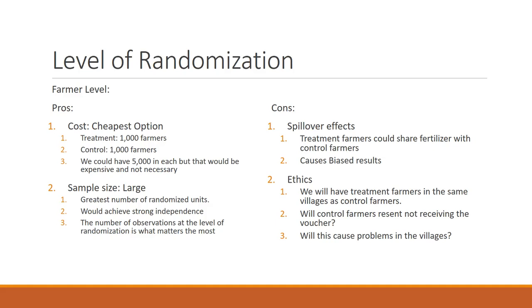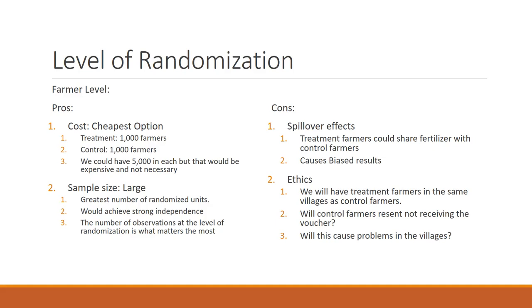We can easily imagine that somehow the farmer that has the treatment is going to be able to help the farmer that doesn't. Maybe the treatment farmer shares some fertilizer with the farmer that doesn't. Or maybe the farmer that has the fertilizer makes more money and shares some of their money with the control farmers. This would cause biased results. Even though we've randomized, this would cause biased results.